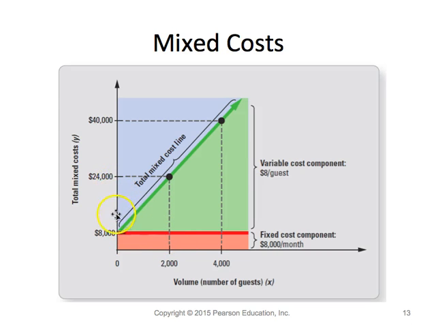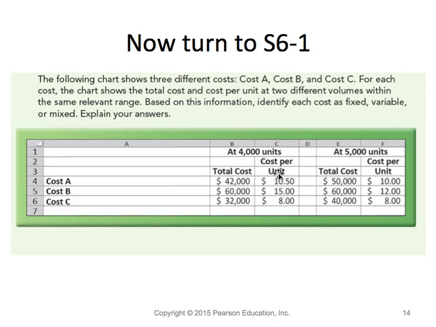So 16 divided by 2 will be 8. So 8 will be the slope. Yeah, here, which they have calculated here, $8 per gas.